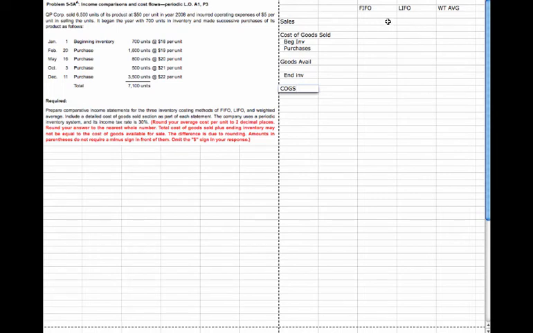Now, first of all, when we set this problem up, the sales is going to be the same regardless of whether we're using FIFO, LIFO, or weighted average. So if I take 6,500 units times $50 per unit, I'm going to get $325,000 in sales regardless of which method I'd use.